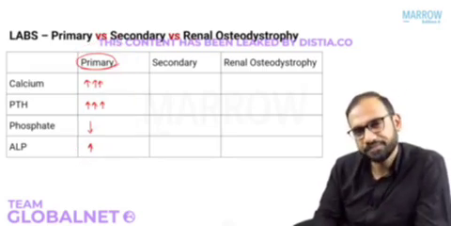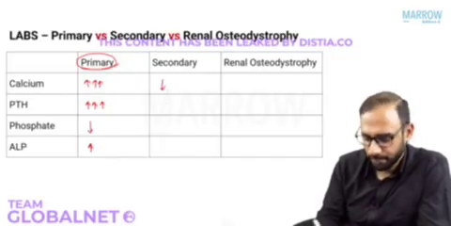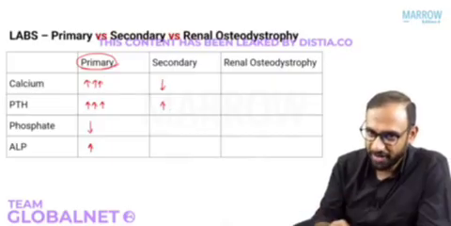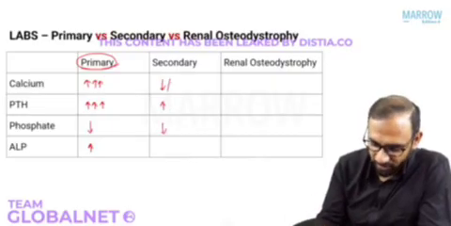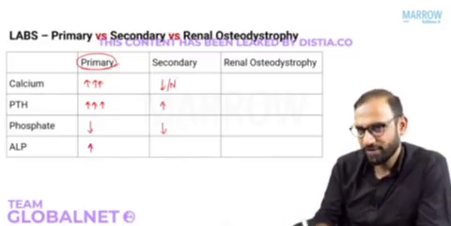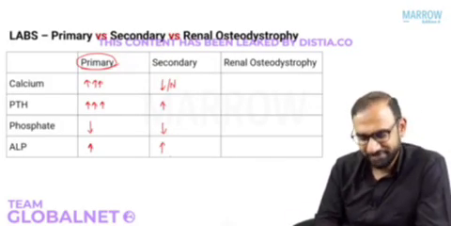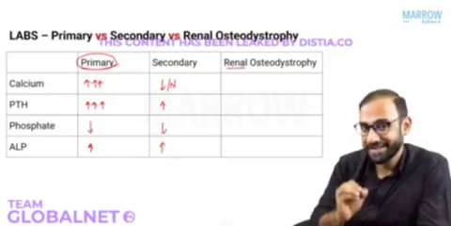What about secondary? Here the story starts with low calcium, PTH increases, and it absorbs the calcium, throws out phosphate, brings the calcium back to normal, breaks the bone down, and once the bone is broken down, ALP will be elevated. Okay? So far so good? Right. Now in renal osteodystrophy, what is the story here? Kidneys failed.